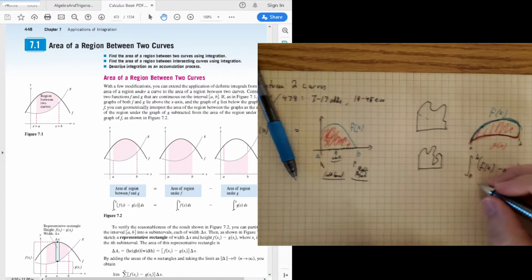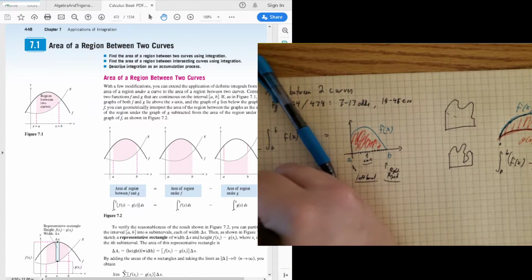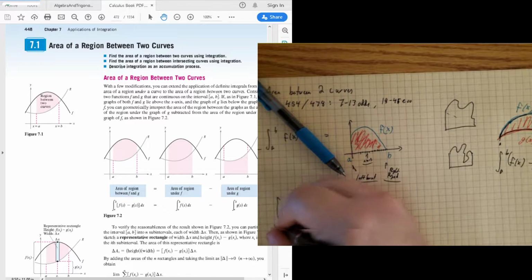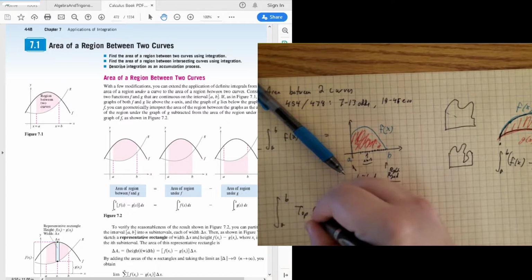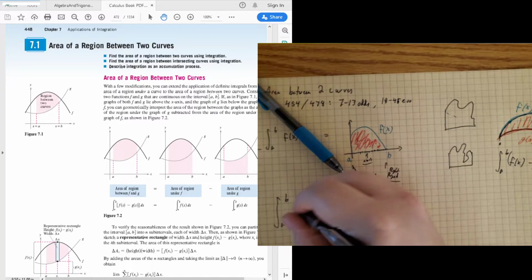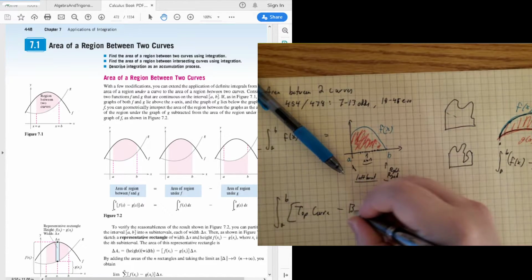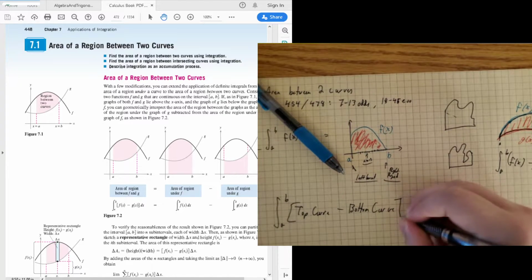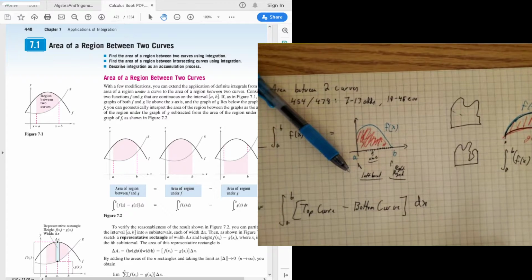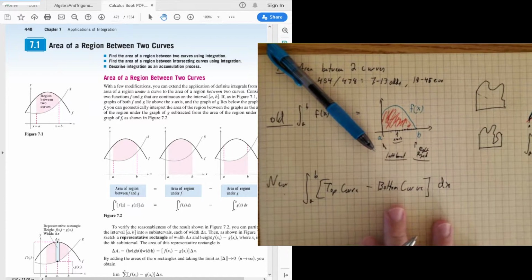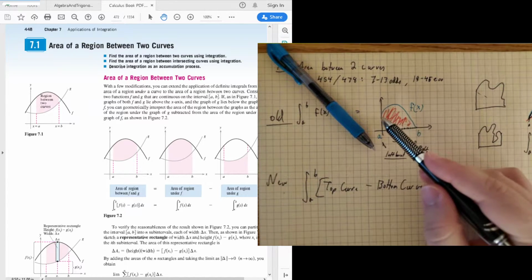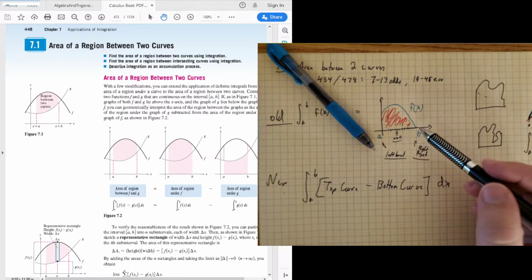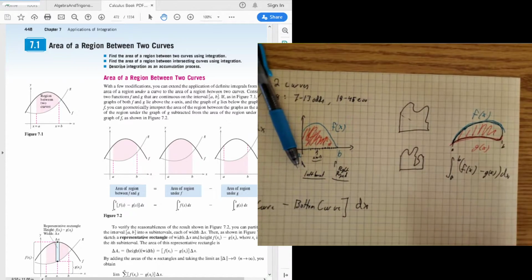In other words, for more complex shapes, you can find the area of a more complex shape by taking the top curve minus the bottom curve. This is kind of the new way, where instead of looking at it as, okay, we have one curve we're dealing with, one side that's doing crazy stuff, now the top and bottom can both be doing crazy stuff.